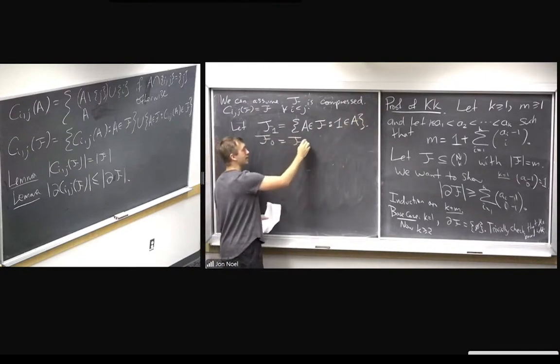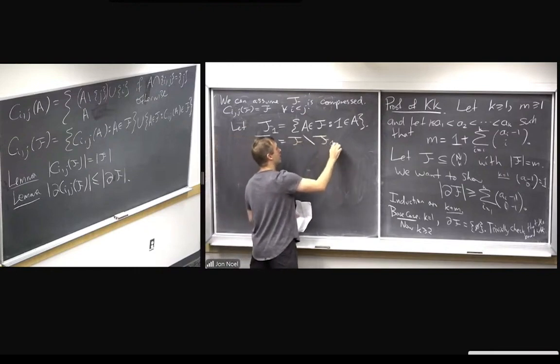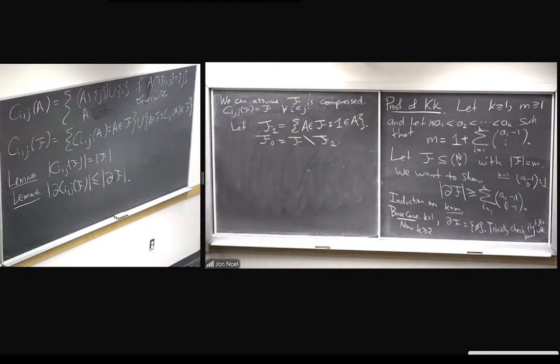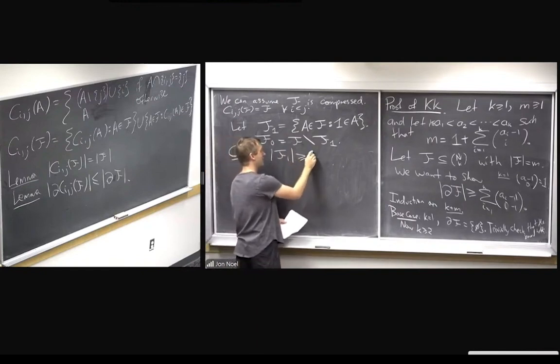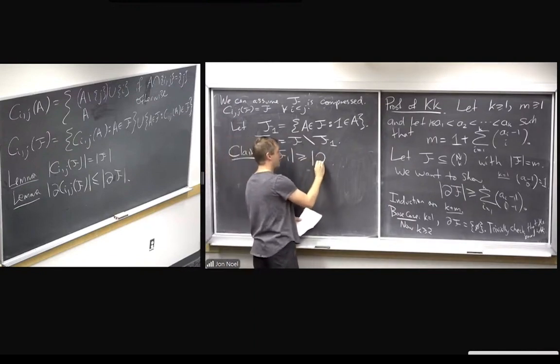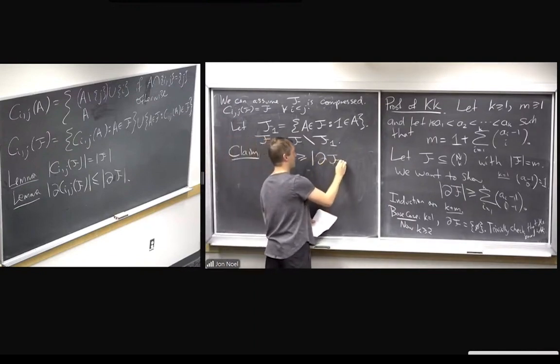So it's F minus the things that have 1, or F minus F1. So here's a claim. I claim that the size of F1 is at least the size of the shadow of F0.